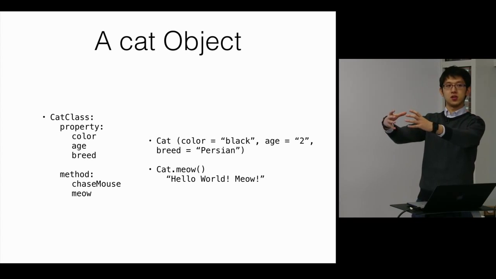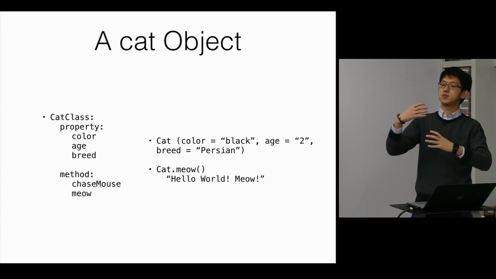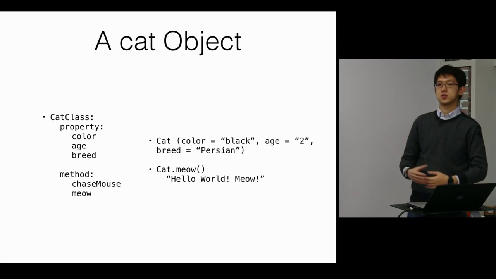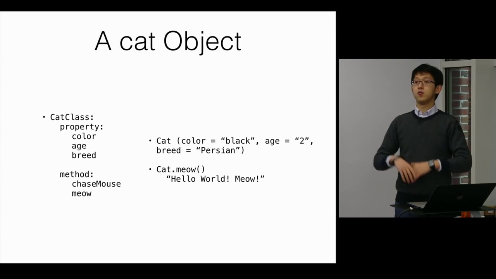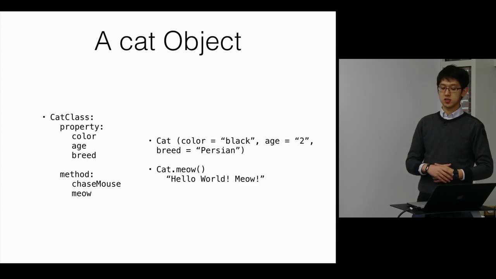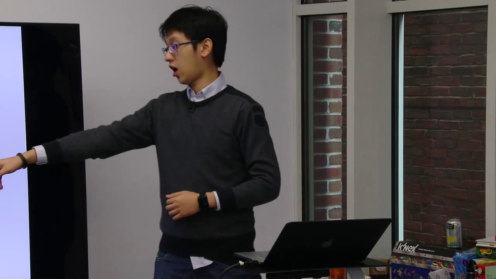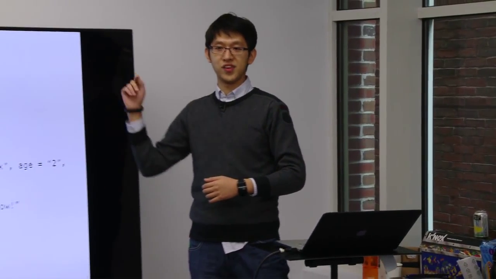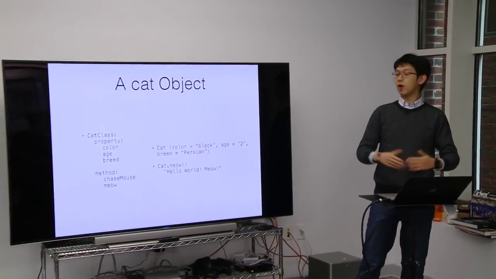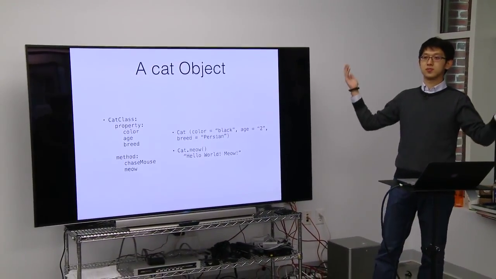We copy the template from the class, and we specify each specific piece of information to that object to make it independent. And when you're calling a method inside the object, you just call meow on the object you just created. Probably you will print out something like hello world meow.